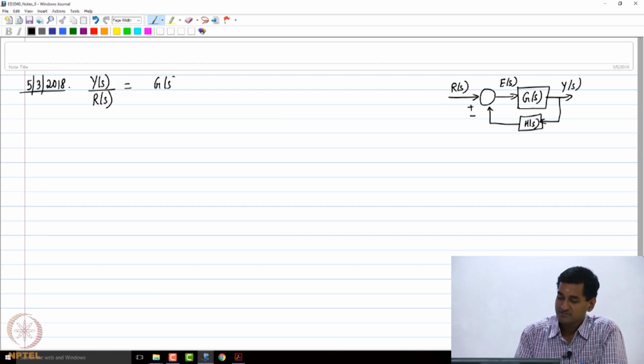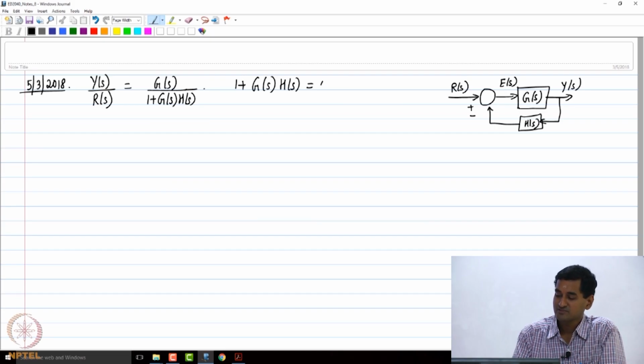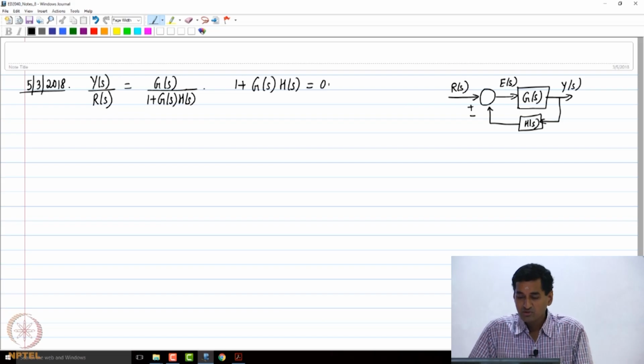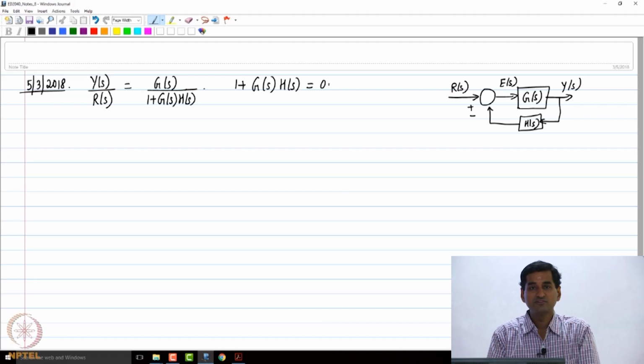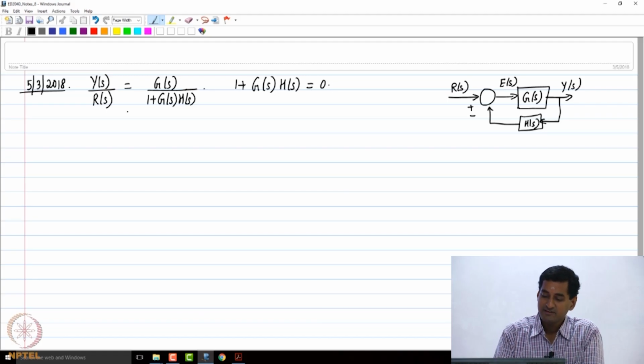The closed loop transfer function was G of s divided by 1 plus G of s H of s, and the closed loop characteristic equation was 1 plus G of s H of s equals 0. This was with negative feedback. We looked at what happens to the roots of this equation as we vary a parameter.